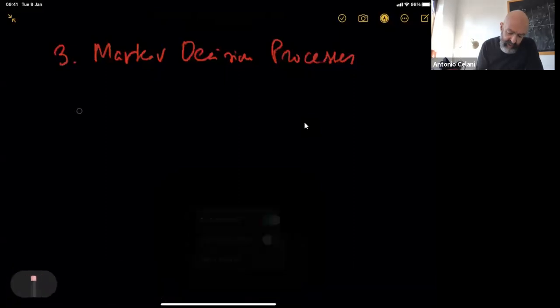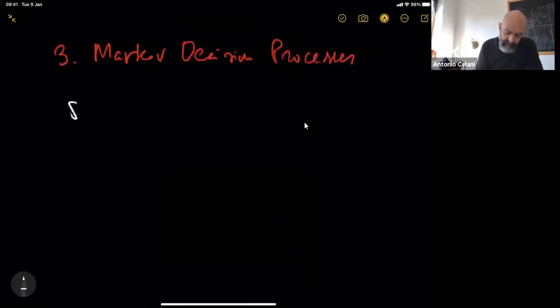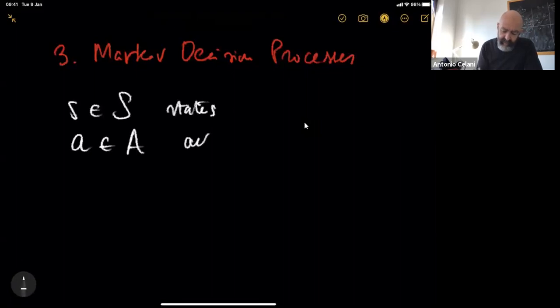We are discussing a situation in which we have discrete states belonging to some state space. So these are the states. Then there are actions which can be operated from any one of these states. Then there are rewards, which are real numbers.